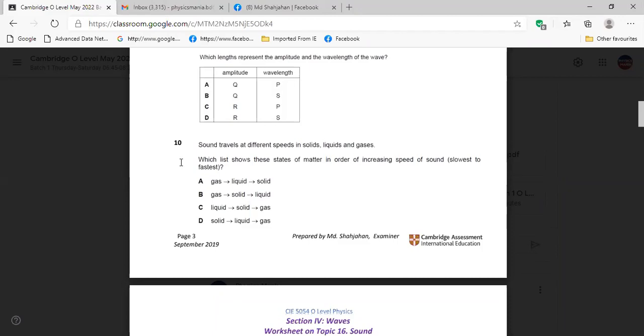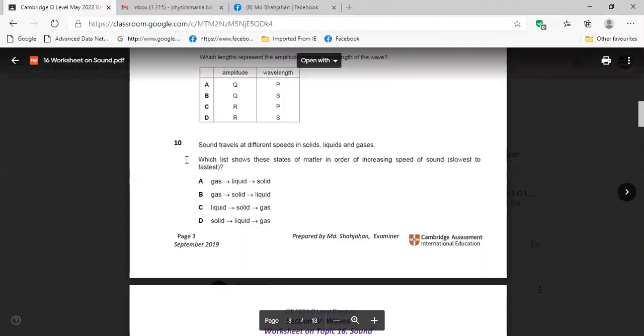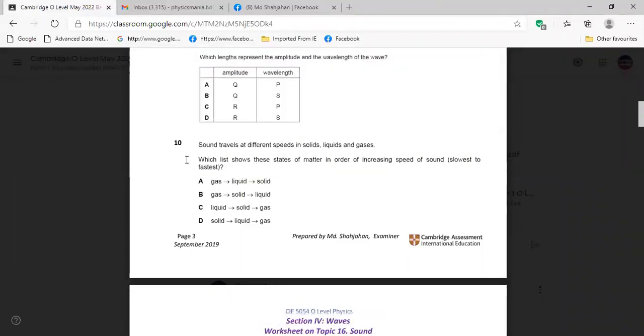So we have gas particles, liquid particles, and solid particles. Where are the molecules closest? In solid, tightly packed, right?